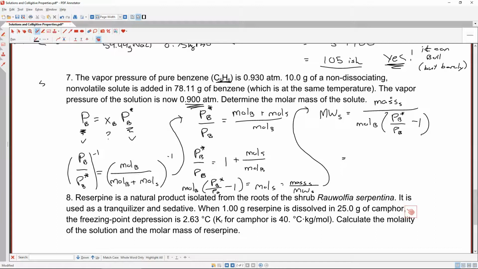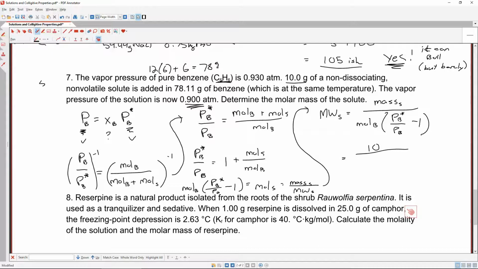The mass of the stuff that we added, let's see, we had 10 grams. So 10 divided by moles of benzene. We need the molecular weight, right? So 12 times 6 is 72, plus 6 is 78.